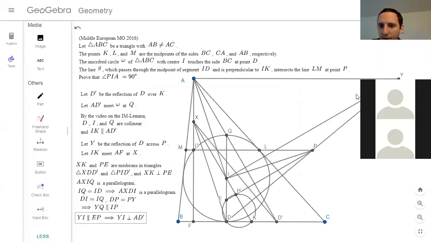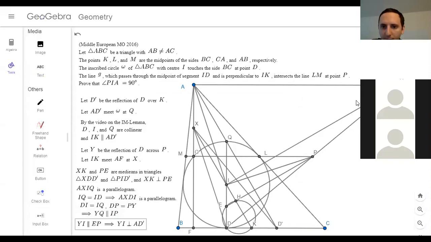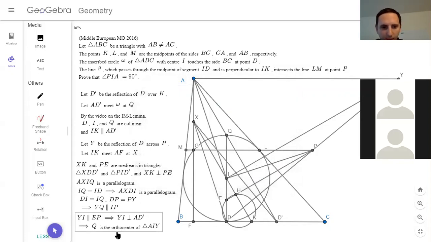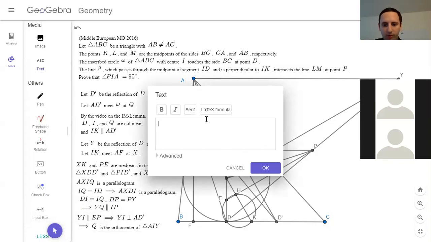So Q is the orthocenter of triangle AIY. All right. So yeah, YQ is perpendicular to AI, and so IP is perpendicular to AI.